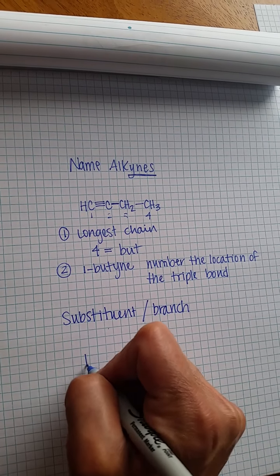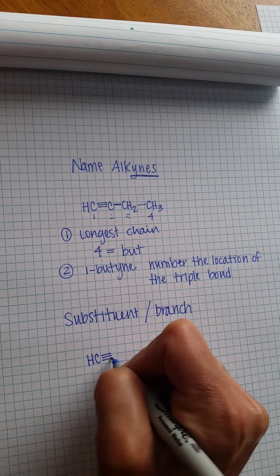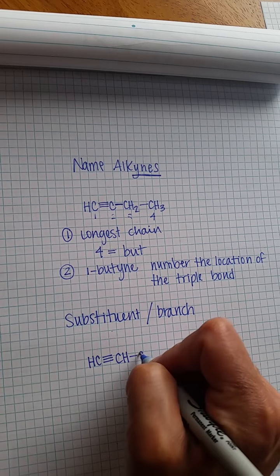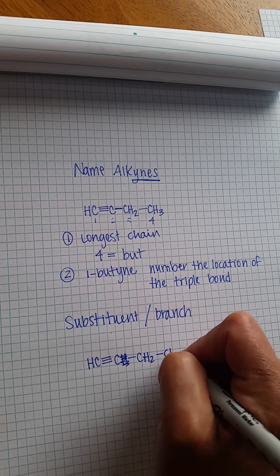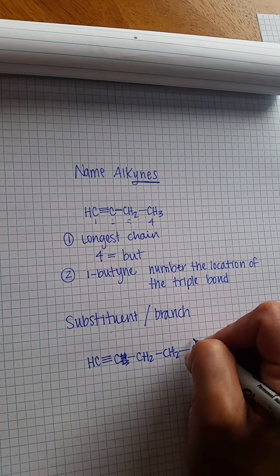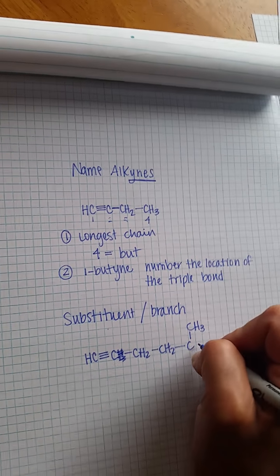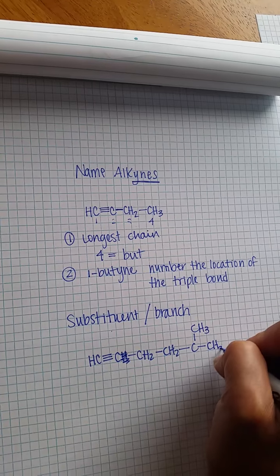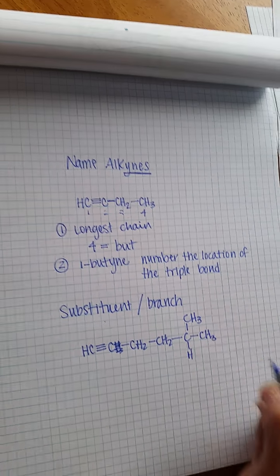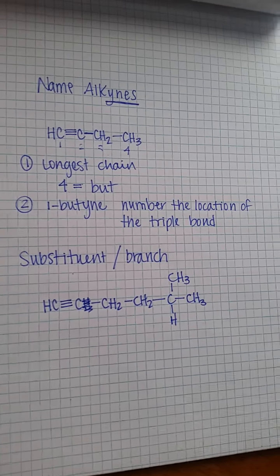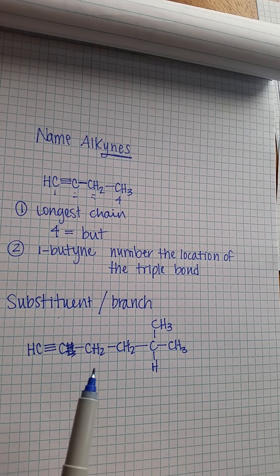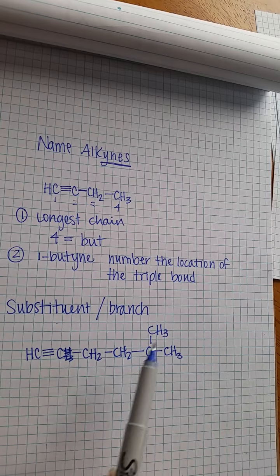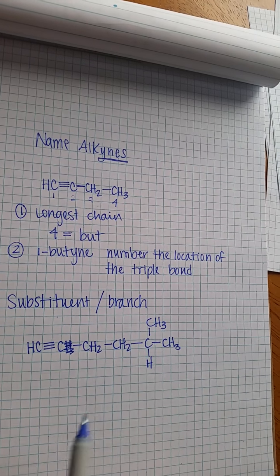So if we have a compound like this, where we have a triple bond, and then we have a chain, and then we see that we have a substituent or a branch over here.